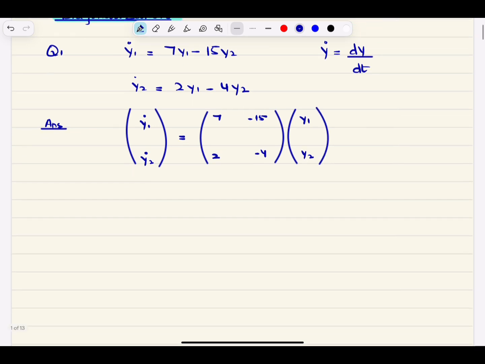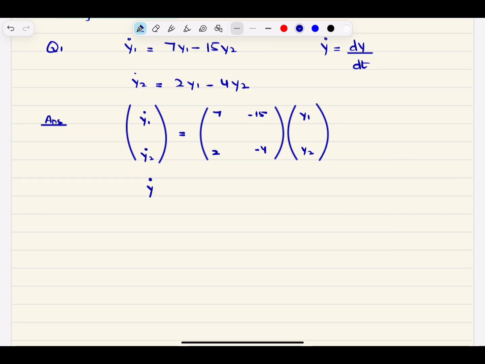So basically I have a system y dot equals Ay, which is a homogeneous system.